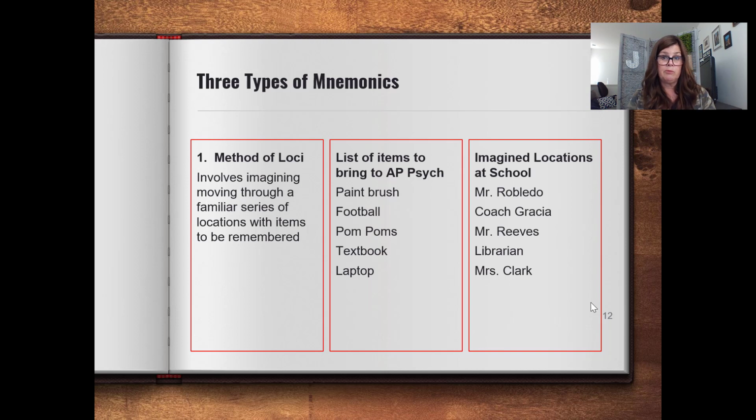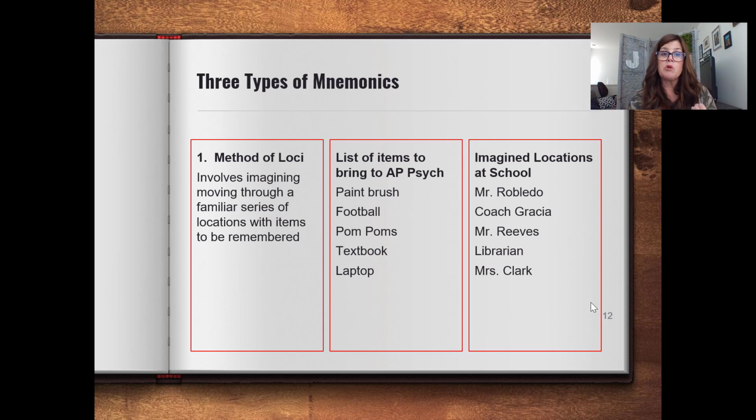Coach Gracia, your football. Mr. Reeves, your pom-poms, the librarian for your textbook, and Miss Clark, because she has a cart of laptops in her room. So you might not be familiar with all of those items, but you are familiar with those teachers and what those teachers represent. So if you can remember those locations and imagine moving through those locations, it will help you remember the items that you need to bring.